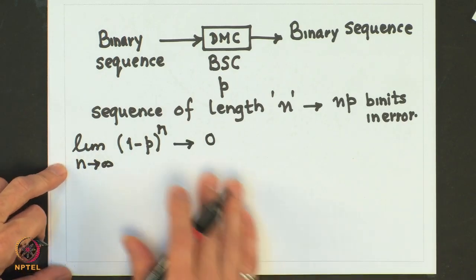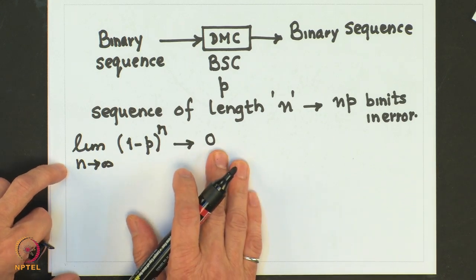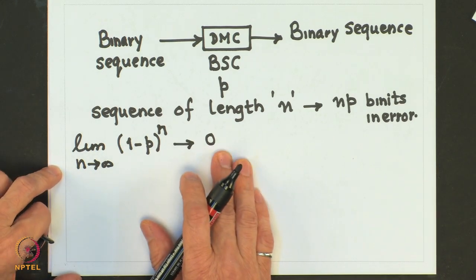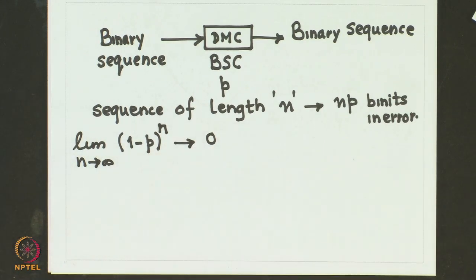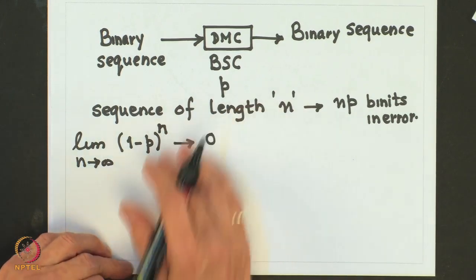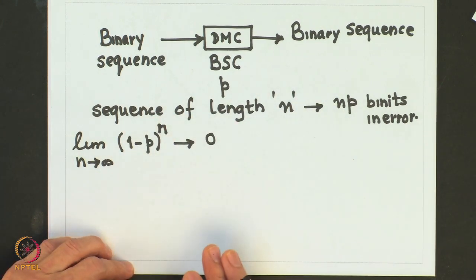So, one approach to improve the performance is not to use all the binary sequences of length n as possible inputs, but to use only a subset of the sequences of length n.